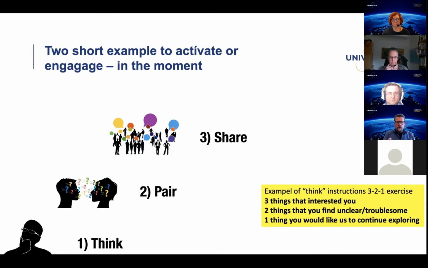So those are 2 very short examples to use if we want to engage the cognitive processes of the students, and for them to engage prior knowledge and reconstruct it in a new way. That was a short example of what we think illustrates active learning techniques.